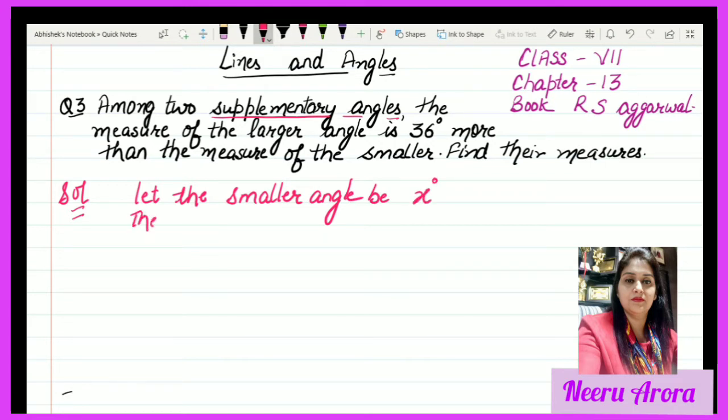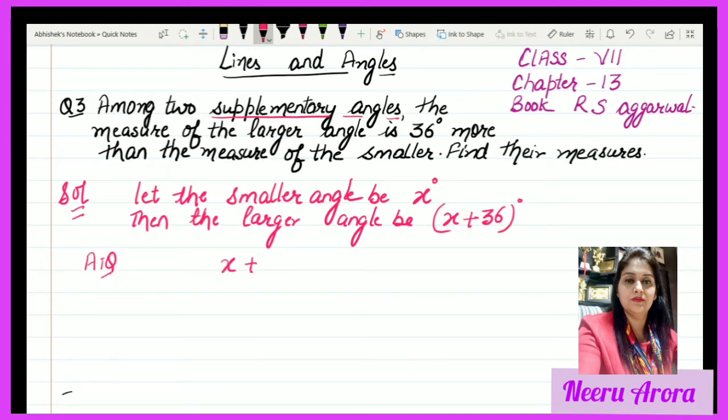Then the larger angle is 36 degrees more than the smaller angle, x plus 36 degrees. As we know, the given two angles are supplementary, and the sum of two supplementary angles is equal to 180 degrees.